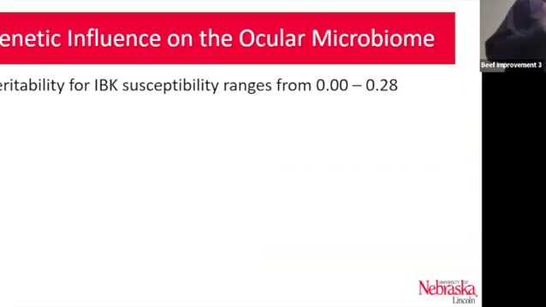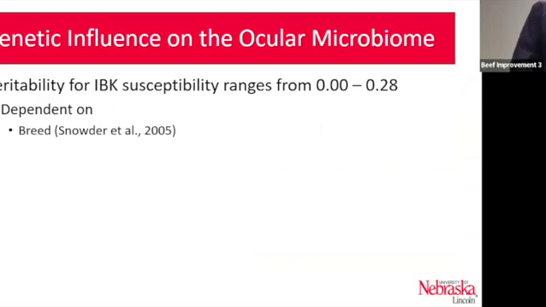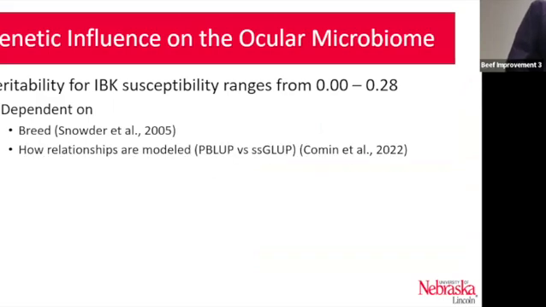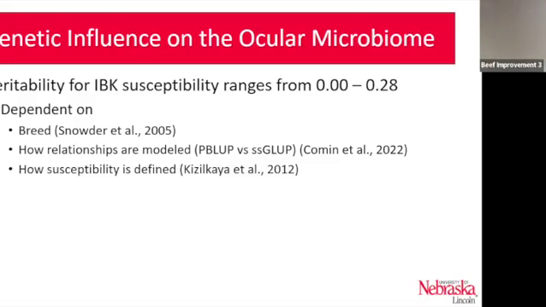Well, the heritability for IBK susceptibility directly ranges from 0 to about 0.28, and that depends on breed, on how the relationships between animals are modeled, whether we're talking about pedigree or including genomic information, and how susceptibility itself is defined. Is it a binary trait, diseased or not diseased?